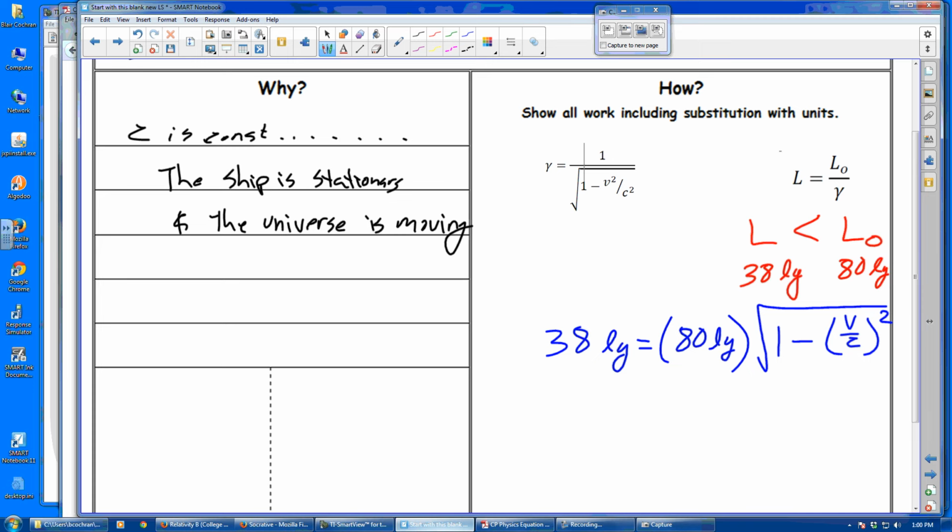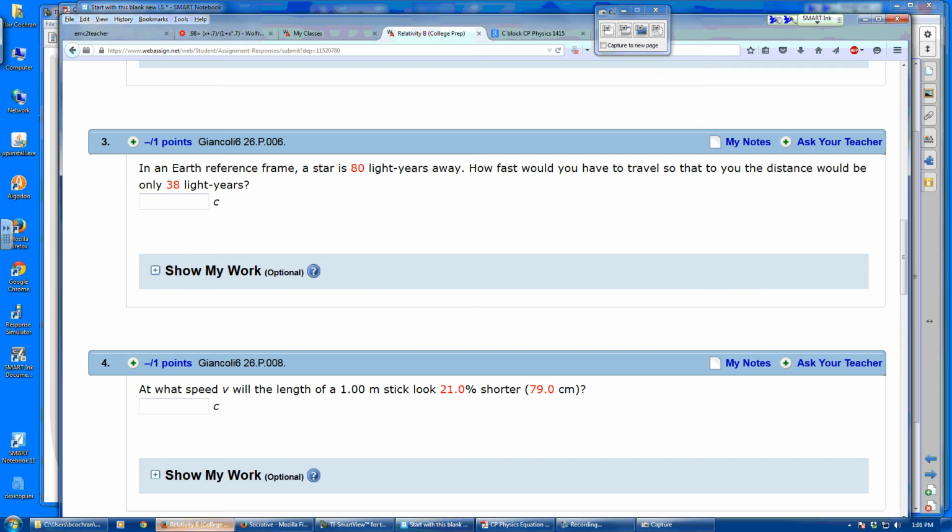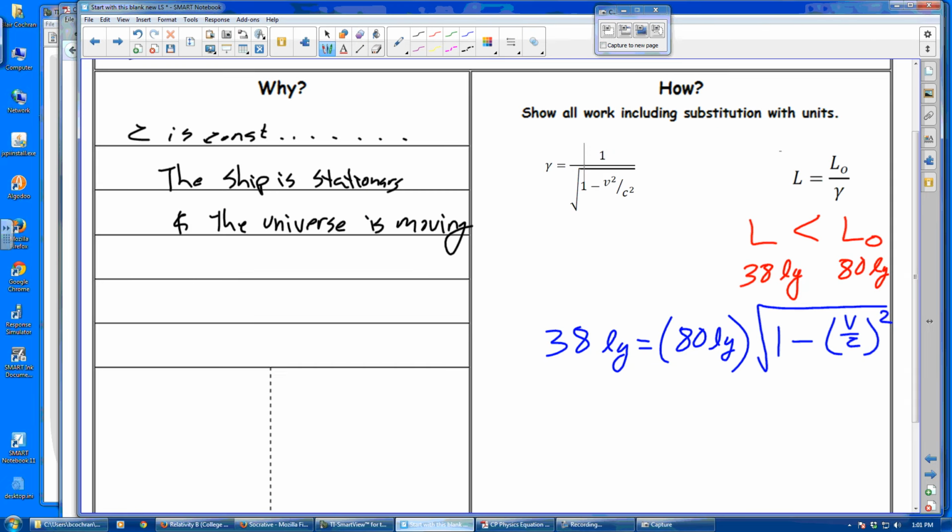Because like last problem, I don't want to really find v. I want to find v over c, because they ask it from me in terms of the speed of light. So that's really v over c, the numerical answer they're looking for. So I'm going to leave that as v over c and then solve.